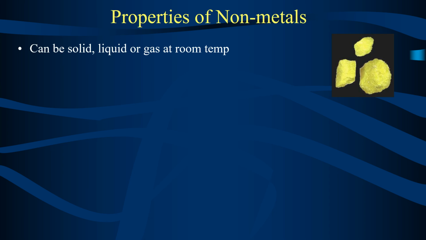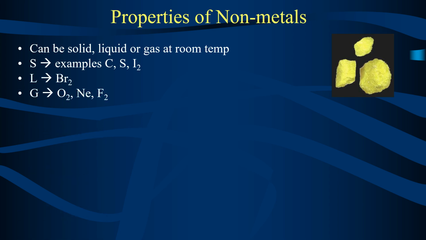So we can't really use that as a defining way to look at them. Some examples of solids would be carbon, sulfur, and iodine. Liquid is bromine. Gas examples would be oxygen, neon, fluorine, and all of the noble gases.